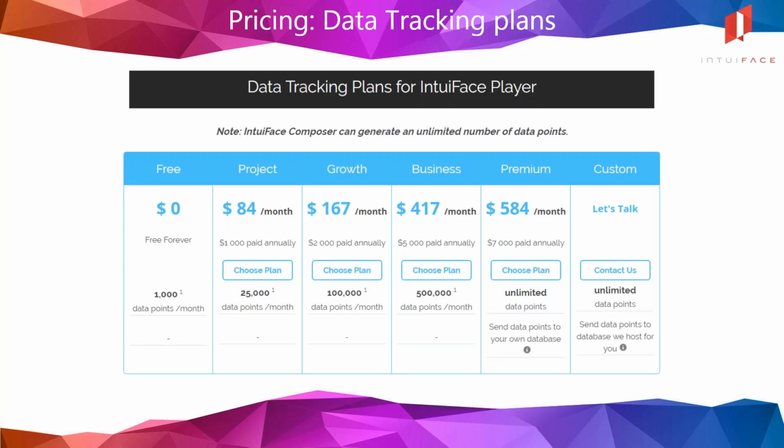If you need to generate and collect more than 1,000 data points per month, the first plan, the project plan, that's 25,000 data points per month, shared by all of the players in your account. It's paid annually, 1,000 annually, but it works out to 84 per month for 25,000 data points per month. Don't worry, you pick a low plan, we give you a heads up, we let you upgrade, so that's never a problem.